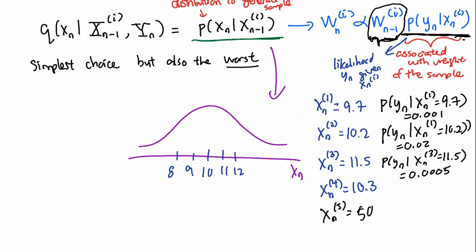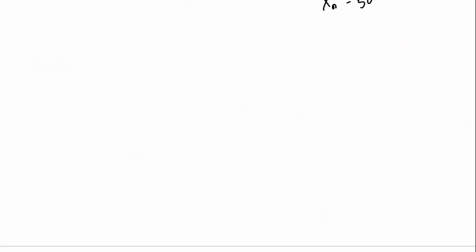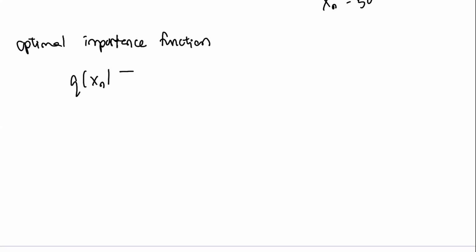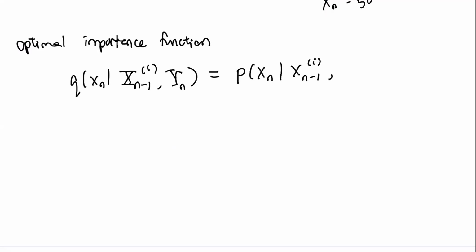So that's why the optimal importance distribution, or the optimal importance function, is one which does take into account the current measurement. So this is the general form of the importance function. The optimal one is the probability of xn given the past state, but also the current measurement.